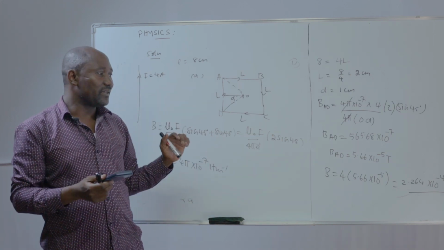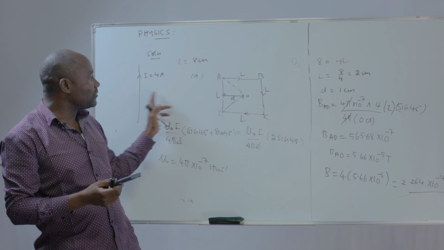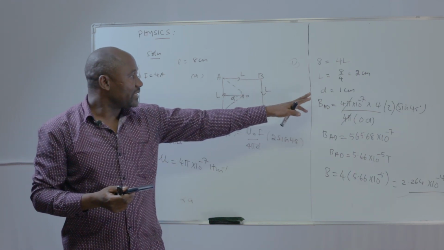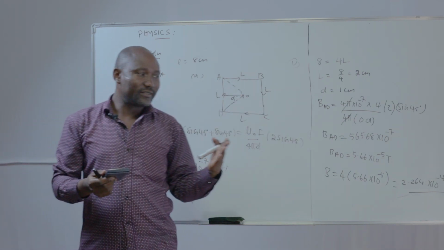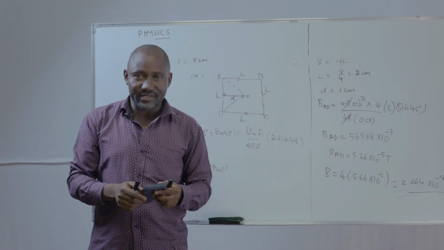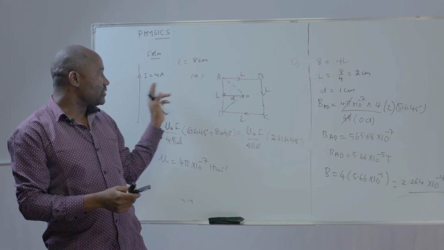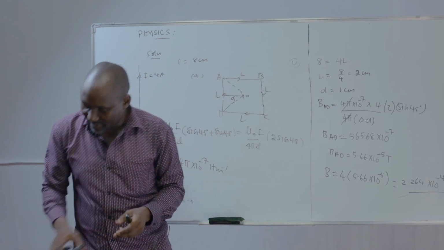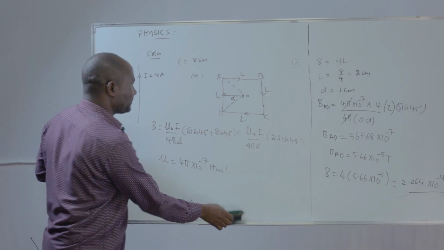The question is asking, do you think after bending this wire into square and circular, you are going to have a different value of magnetic flux density? Let's check for the second part when this wire was bent into the circular loop.